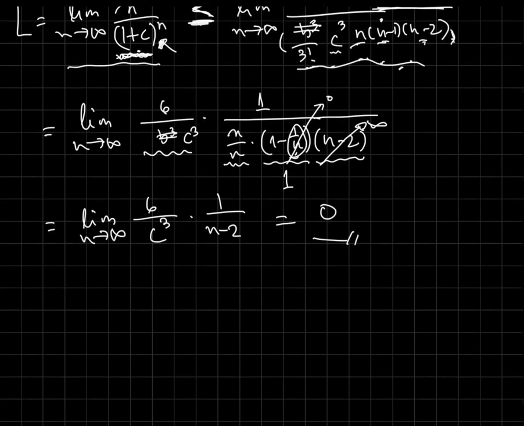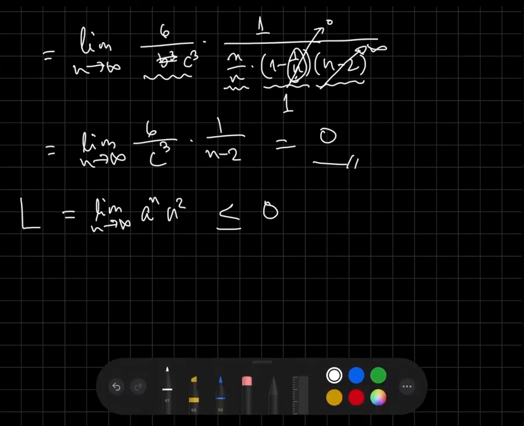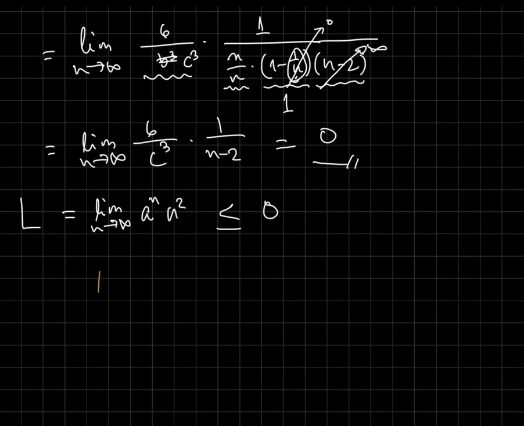So we've now shown that L must be... So let's just write that again. This is what we're looking for. And we have shown that it must be less than or equal to 0. But we know that L is non-negative, right? So we already know that L is non-negative, which means L must be greater than or equal to 0.